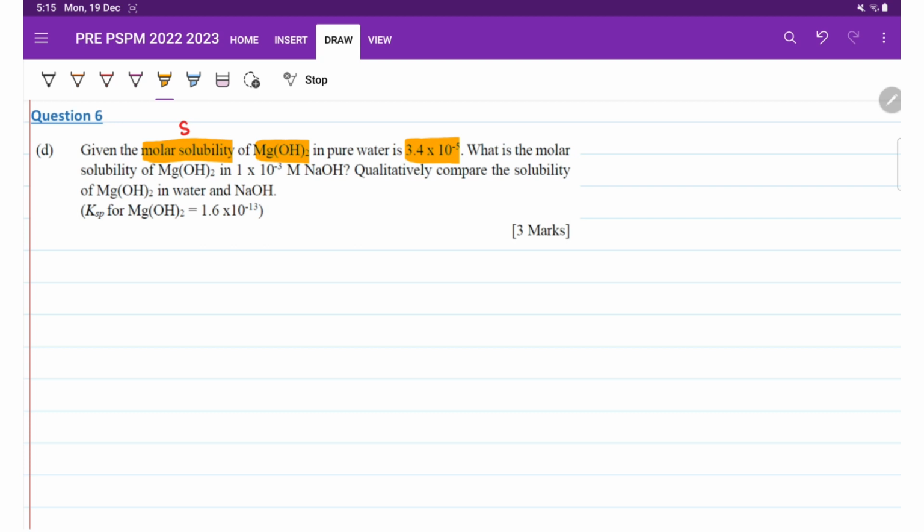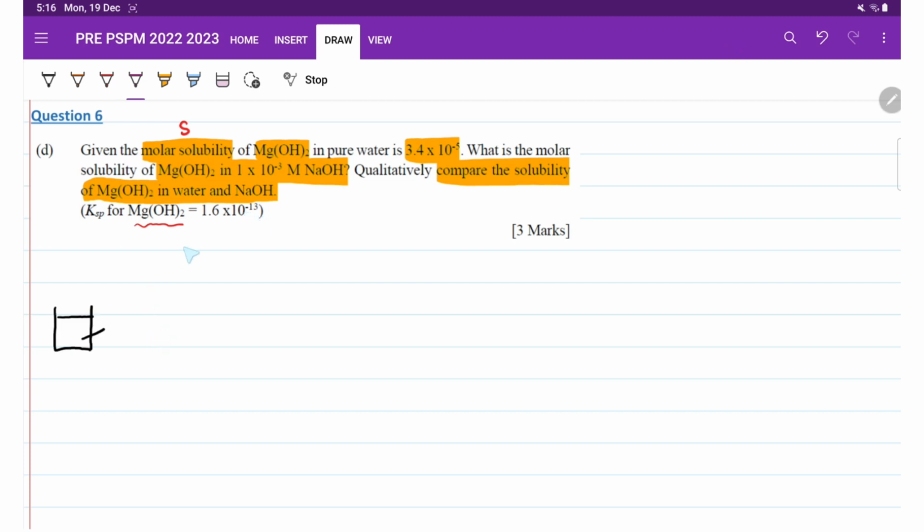What is the molar solubility of MgOH2 in 1 times 10 to the power of negative 3 molar sodium hydroxide, and qualitatively compare the solubility of MgOH2 in water and sodium hydroxide. So, our slightly soluble salt adalah kita punya MgOH2, yang mana kita dah diberikan nilai KSP dekat sini equals to 1.6 times 10 to the power of negative 13.